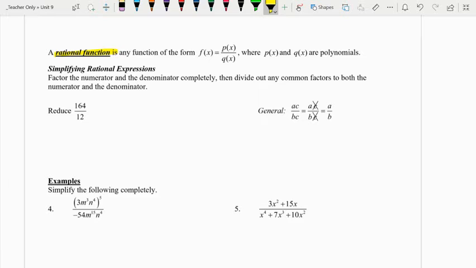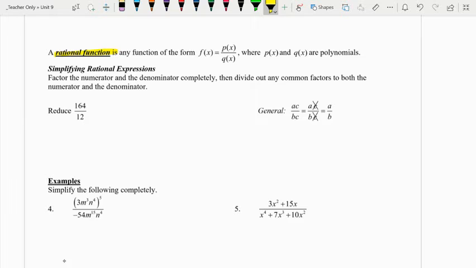So the first thing we need to talk about is just dividing things in general, right? So if we have something like 164 over 12, we can reduce that, right? And most of us would probably say, okay, well, we can reduce by 2, or maybe you notice that we can reduce by 4.